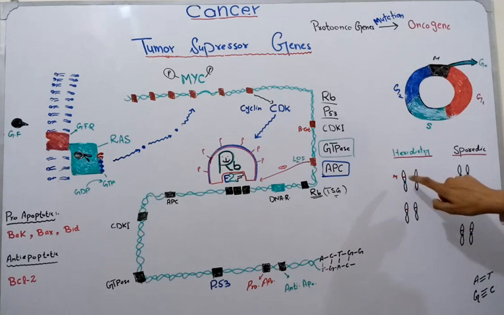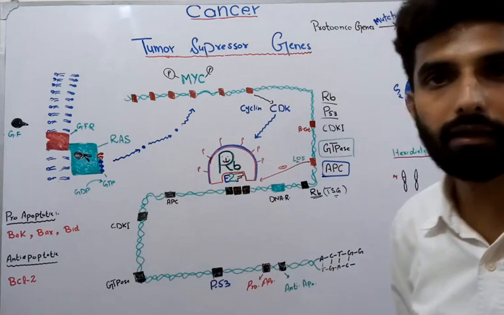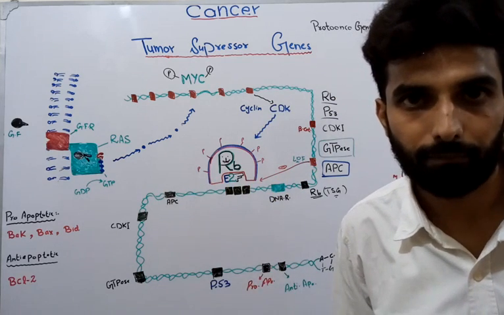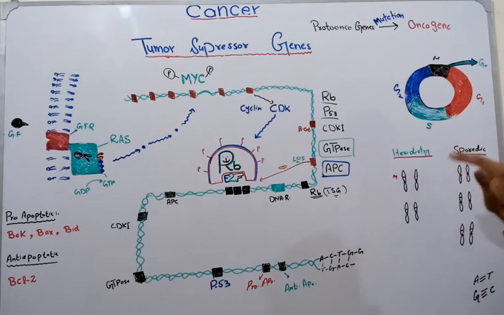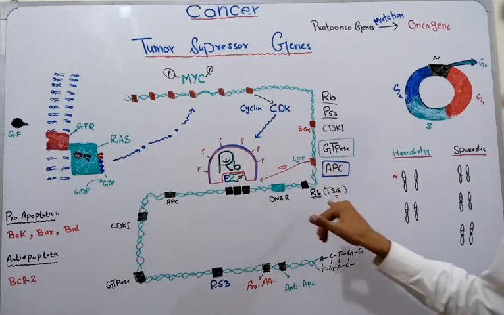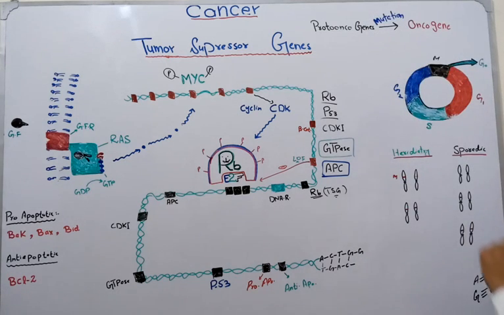For example, this red line is showing the mutation. If there is a mutation in one chromosome and the other chromosome is intact, the RB protein will function properly. We will not consider it a mutated protein. So it means mutation on both alleles is important to develop cancer in terms of tumor suppressor genes. So now, for example, there are 2 types of retinoblastoma.